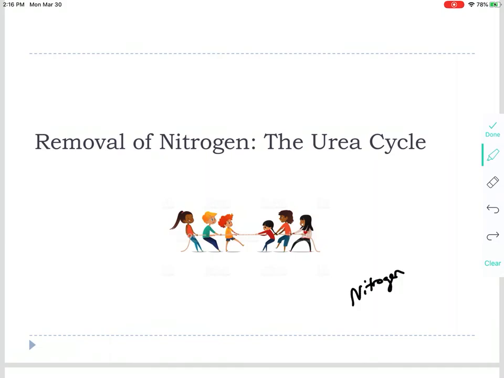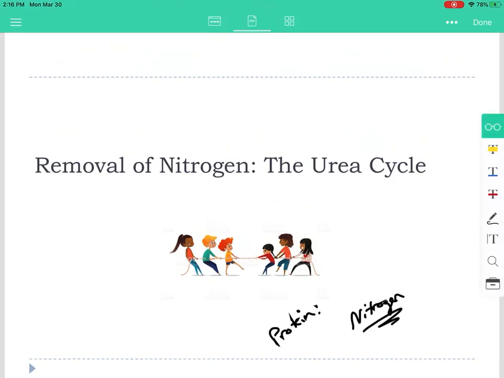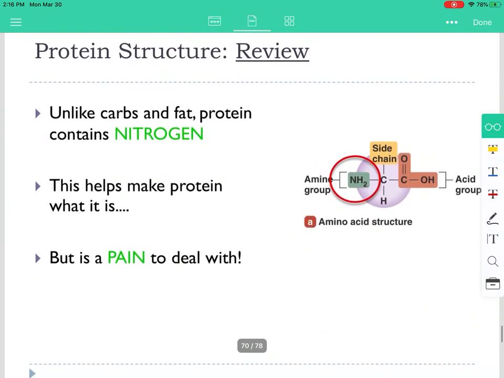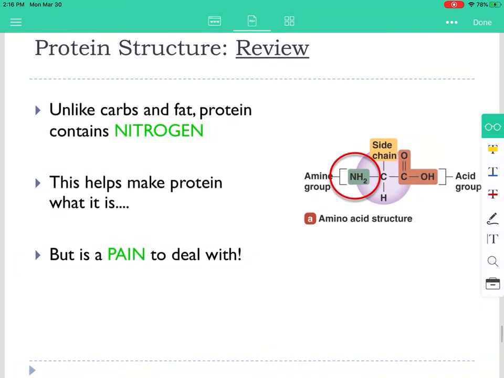If we think back to the basic molecular structure of carbs and fat, they contain carbon, hydrogen, oxygen. But protein contains carbon, hydrogen, oxygen, and nitrogen. And it is that nitrogen that makes protein a real pain in the ass.